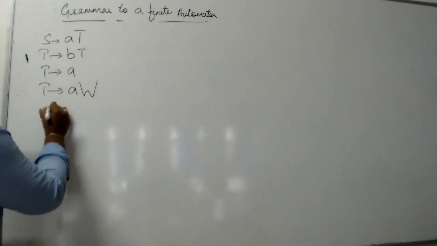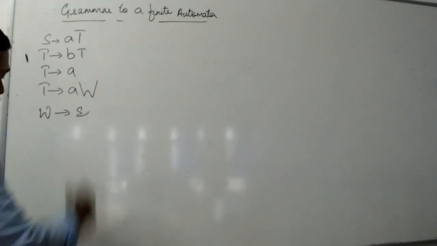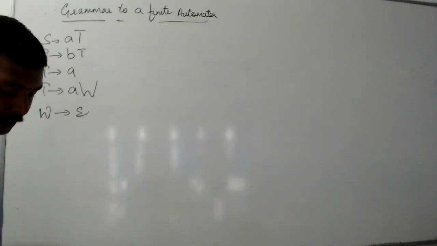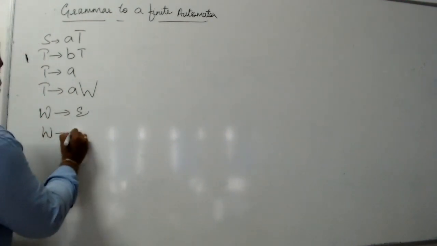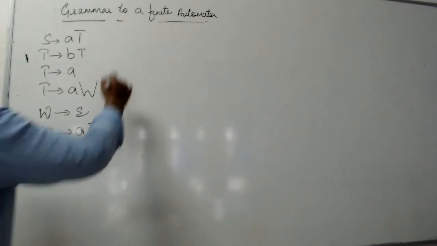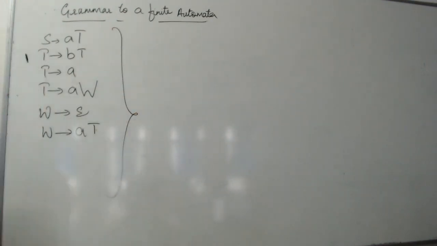W tends to epsilon. And W tends to AT. Okay. Now you got this grammar. This thing you need to convert it into a finite automata.